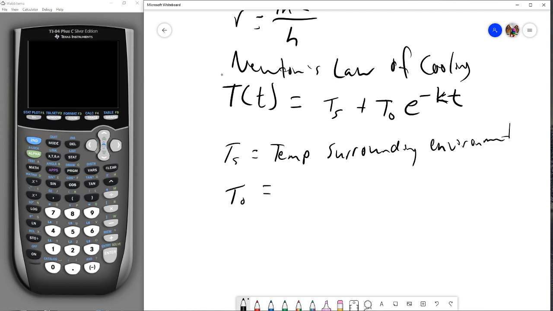T naught was a little trickier because we want to say it's the initial temperature, but it is the initial temperature of the object.